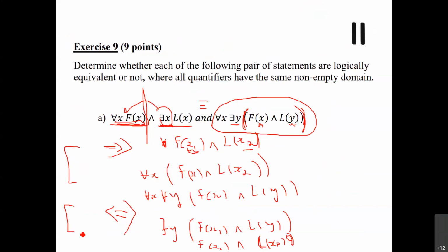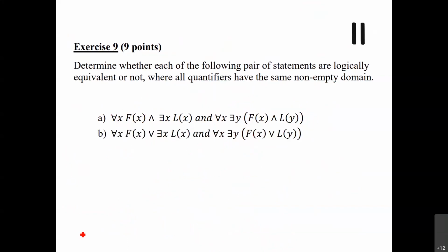Any problem? Part B. Any idea? Is it also true? The only difference between part A and part B is these guys. The answer is yes.